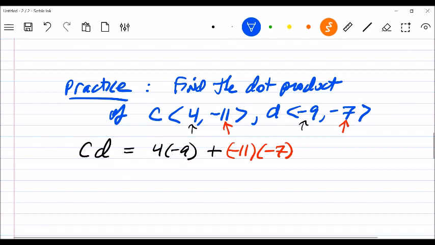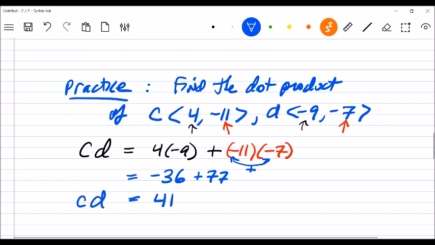So what we get here is negative 36, because it's one negative. And then because these two negatives cancel out and make a plus, we get a plus 77. And that equals the number 41. So C dot D is a positive 41. That's how you do the dot product.